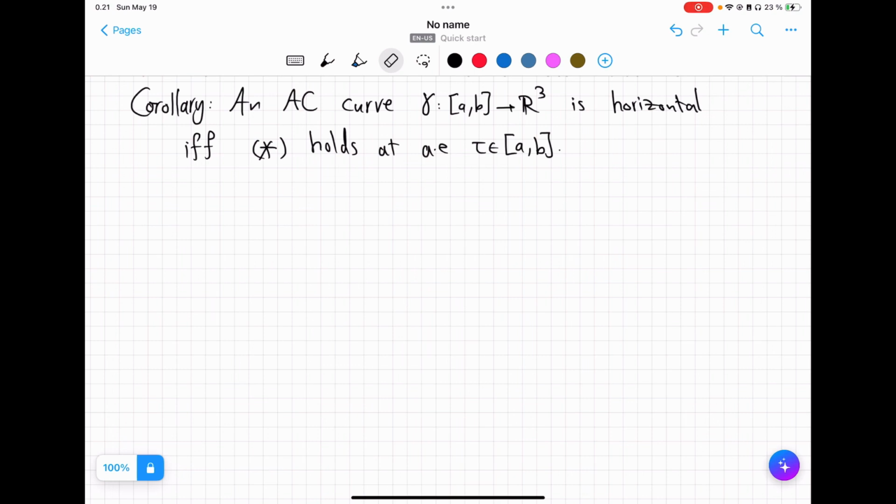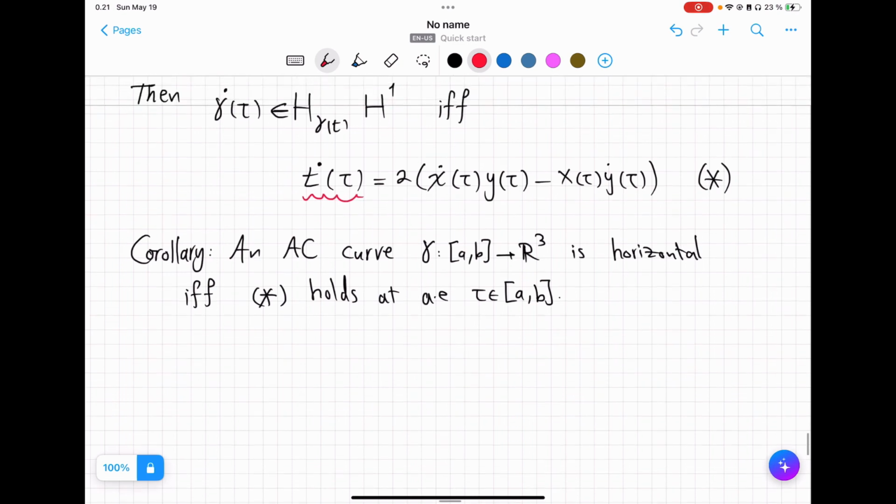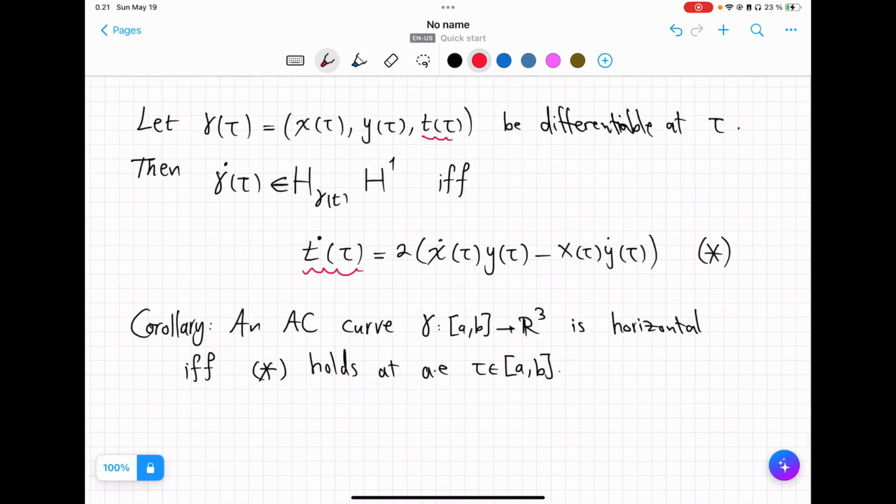Okay, so there are a few remarkable things about this. Star shows us that the third component of a horizontal curve, this t, is completely determined by the first two.